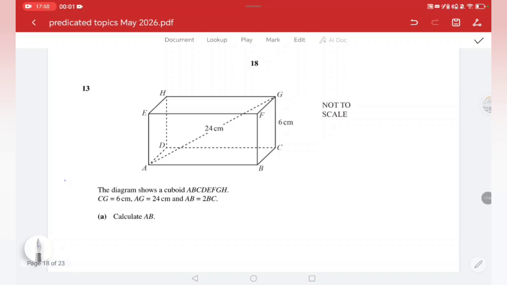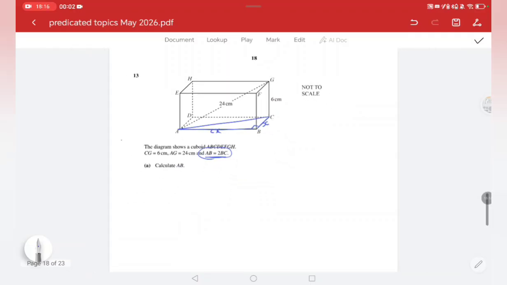The trick here, and take care, is that they're saying AB equals 2BC. So if this is x, this one is 2x. Since I have this side and this side, and we know that this angle is a right angle, we can find the diagonal.